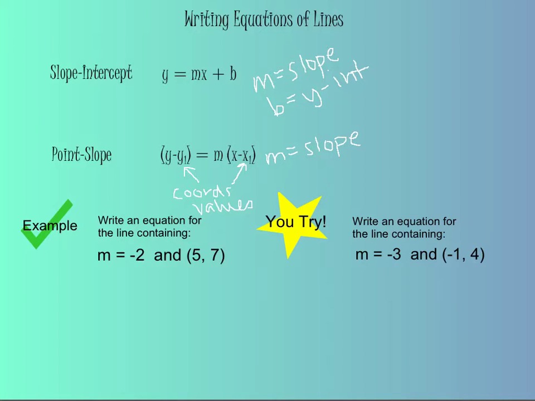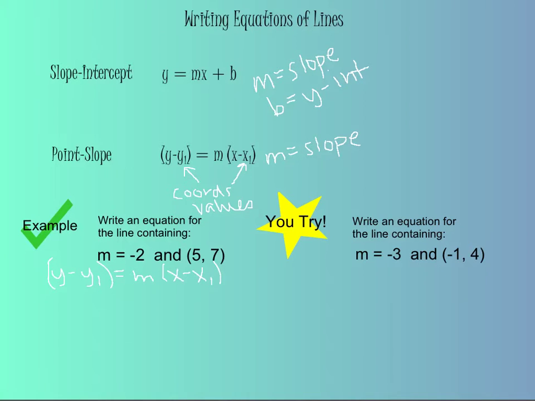So I'm going to do an example here. It asks me to write an equation of the line containing a slope of negative 2 and the point (5, 7). Now I have 2 different forms, either slope-intercept or point-slope. In this example, I was given slope and a point. This point is not my intercept, so I'm going to use point-slope form. So let me rewrite that down here. y minus y1 equals m(x minus x1).